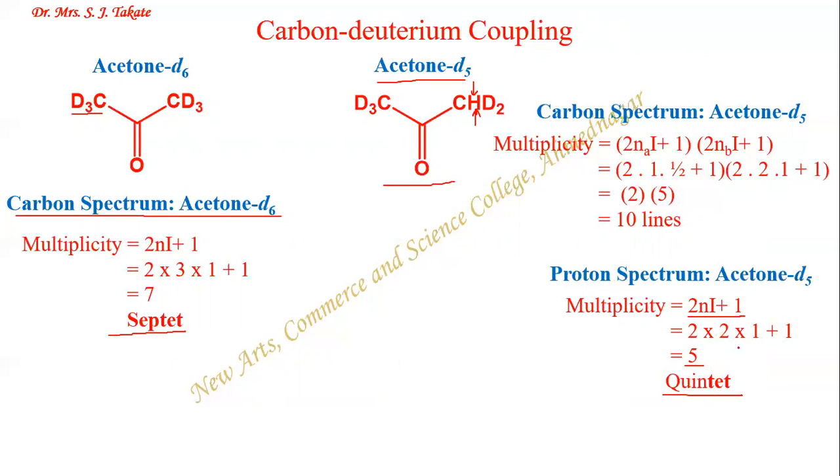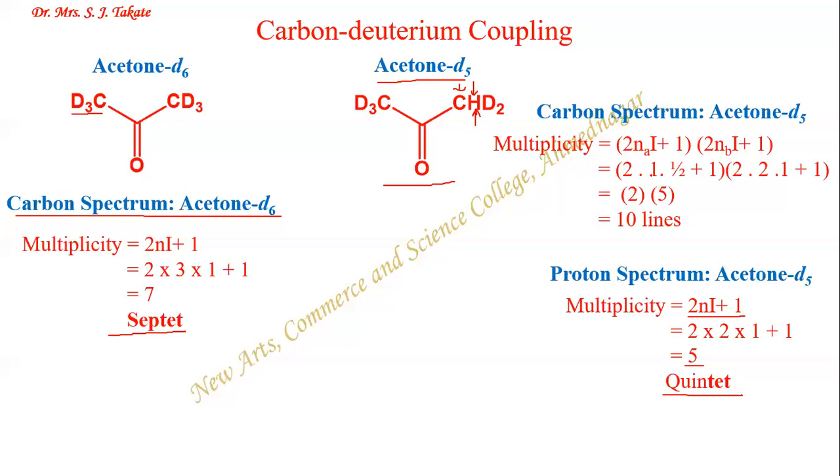This means that this proton in its NMR will show a quintet. But it is very interesting that the carbon atom in the C13 spectrum is very interesting. The multiplicity of such types of nuclei, where it is attached to two different nuclei, different in the sense their spin quantum numbers are different, follows 2n_aI plus 1 into 2n_bI plus 1, where n_a is one type of nucleus and n_b is the second type of nucleus. So let us consider in this example, one proton is attached.